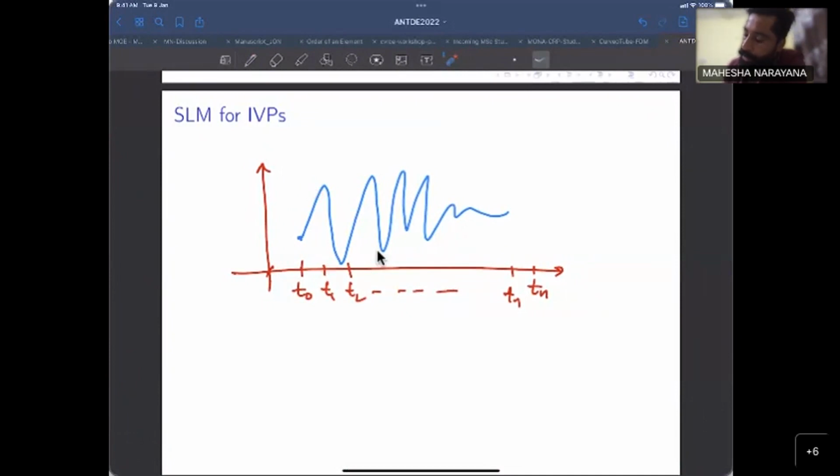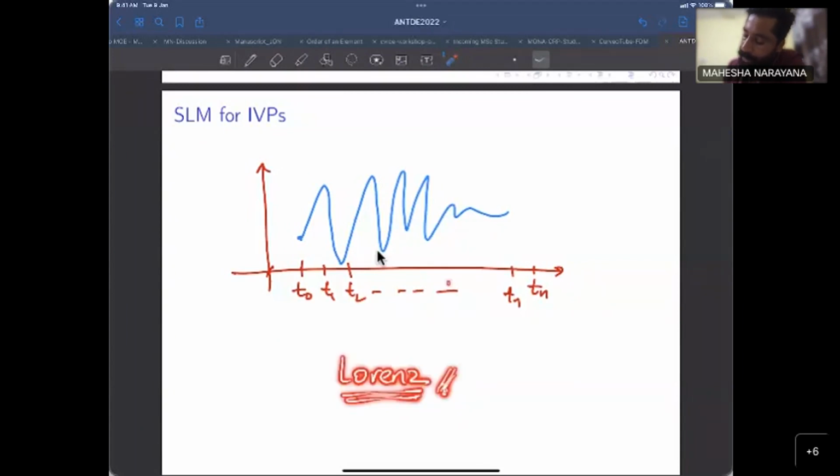Something like the Lorenz system, I should mention, has that chaotic behavior. It also comes from a fluid mechanics problem. It was Lorenz who derived that particular system, and it shows very chaotic nature for some particular values of the scaled Rayleigh number.